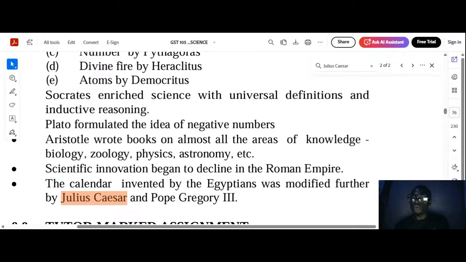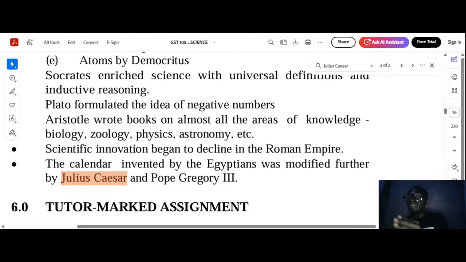So when you are asked where scientific innovation began to decline, it is the Roman Empire of those days. Then to our question, the calendar invented by the Egyptians was modified further by Julius Caesar and Pope Gregory III. What is now our final answer?